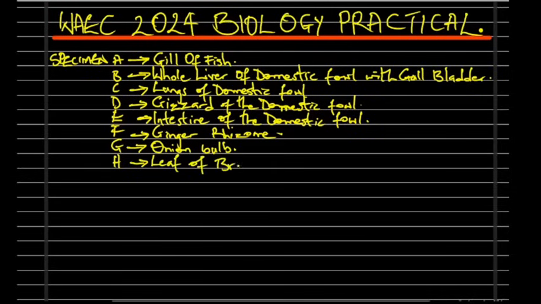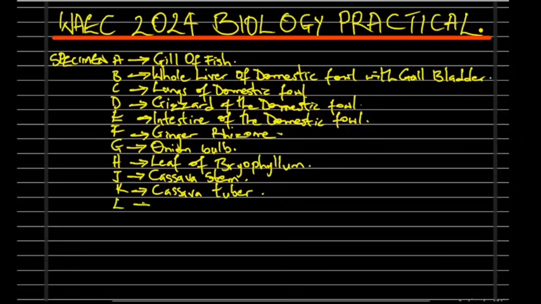And then we have our J, cassava stem, while our K is cassava tuber. And then we have specimen L, the thoracic vertebrae.